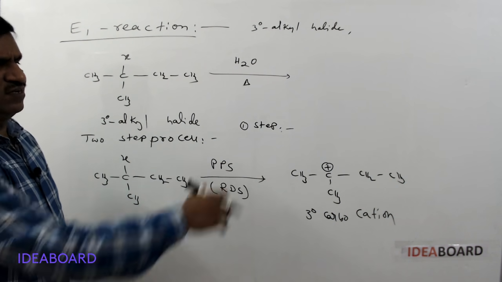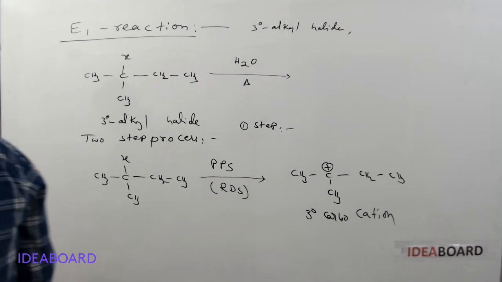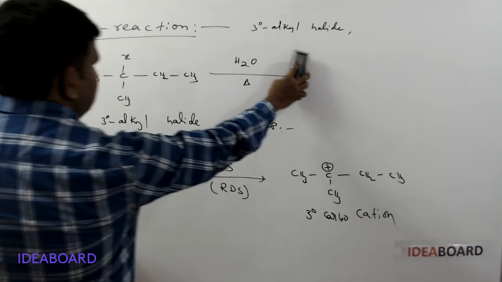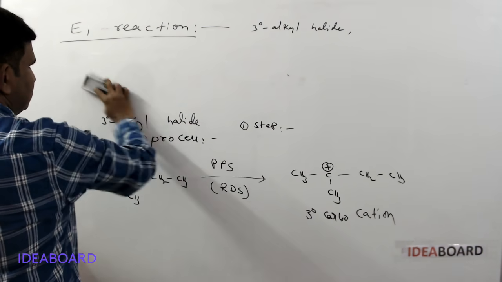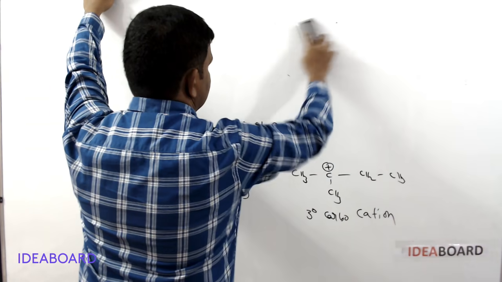Then what is the difference between E1 and SN1? The second step is different. So the second step I am writing now. The second step is different for the SN1 and E1 reactions. Here what is the second step?